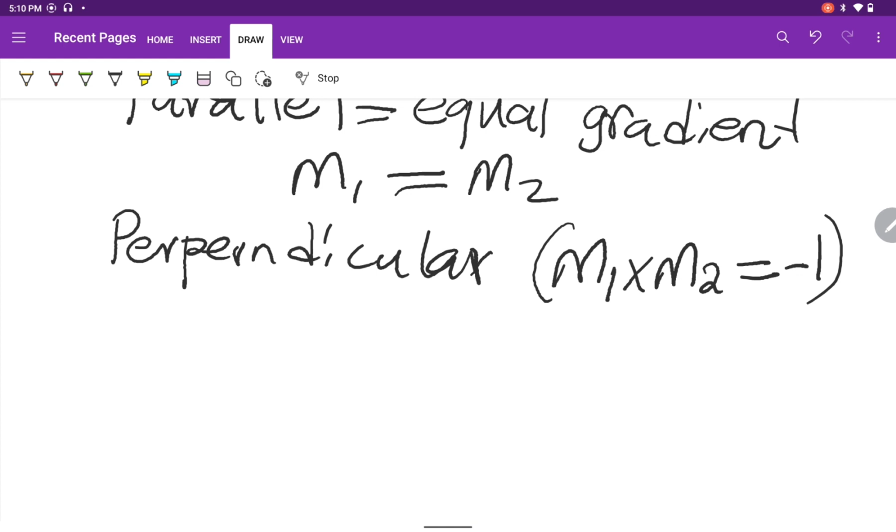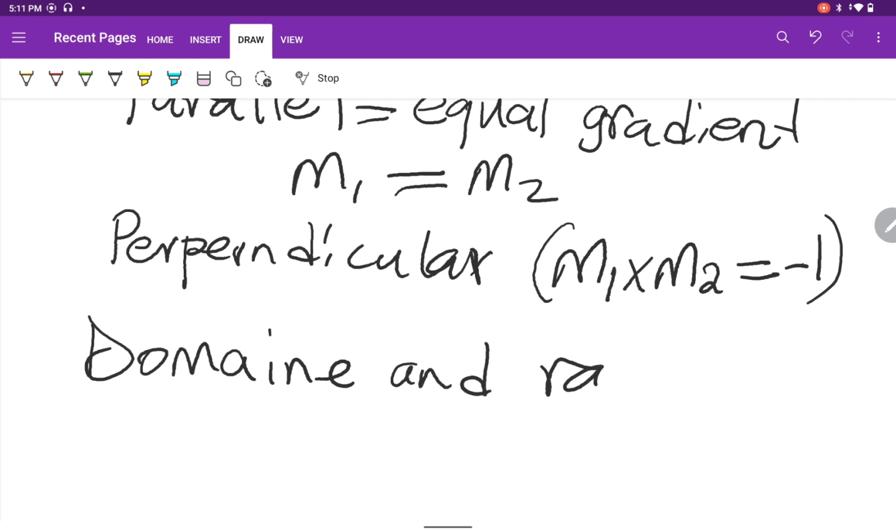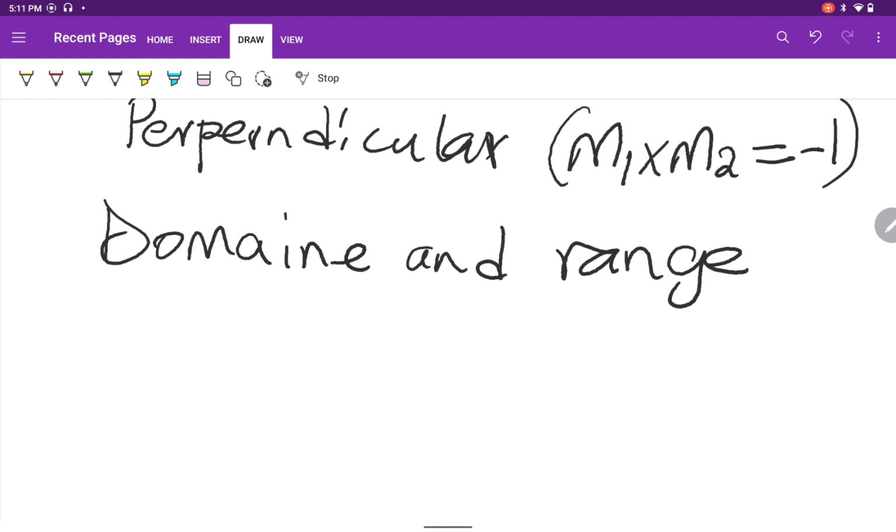Right, so the next thing that I want us to look at is to calculate the domain and the range of a straight line. To do that, let's remind each other what a domain is.